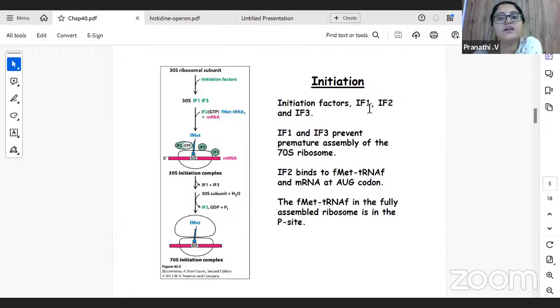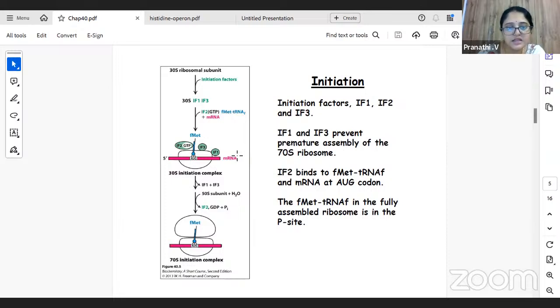What are the initiation factors now? IF1, 2, 3 are the initiation factors. They bind to the 30S ribosomal subunit. Whenever IF2 bound with GTP is bound to the 30S, and along with that you have the tRNA also, F-met tRNA in the case of prokaryotes, along with the mRNA, then it causes the production of the 30S initiation complex.